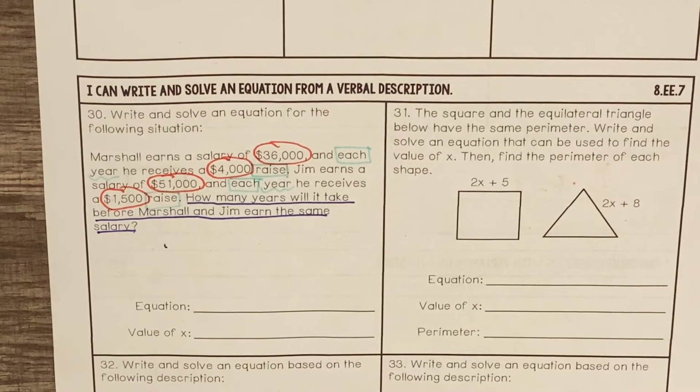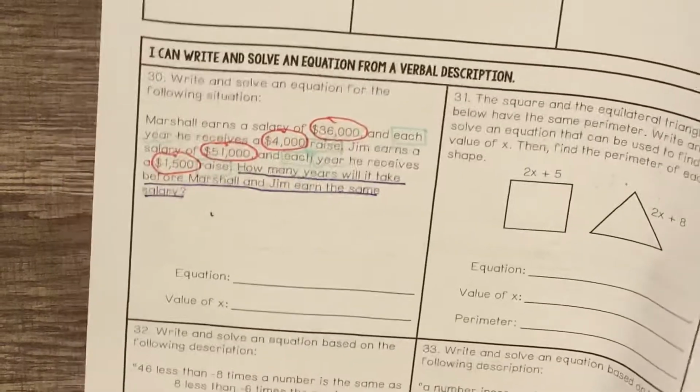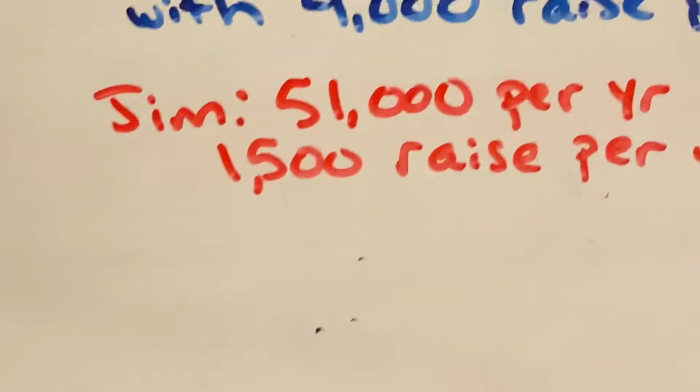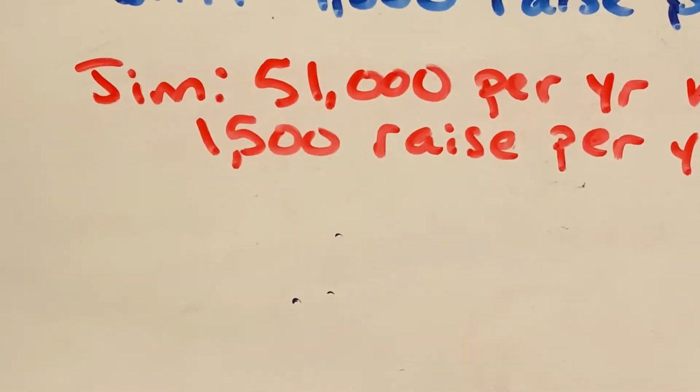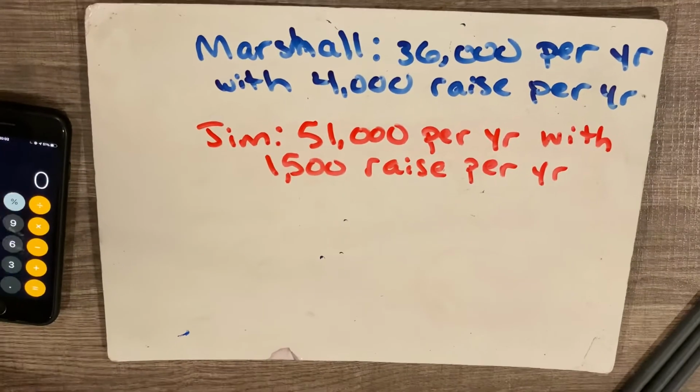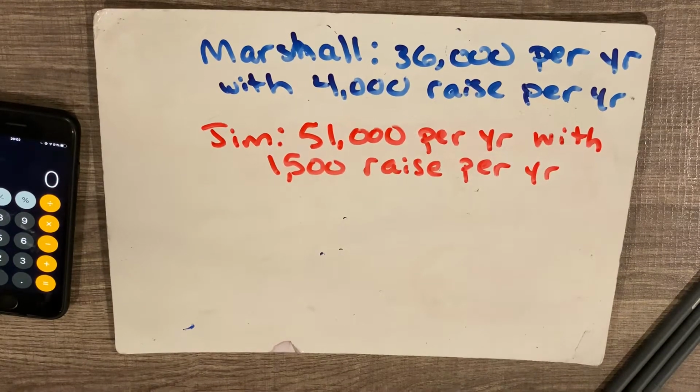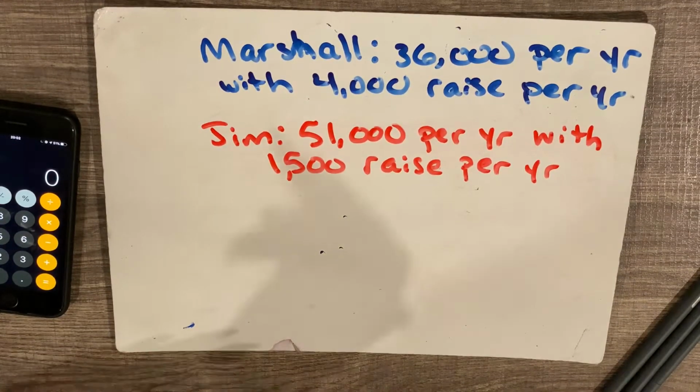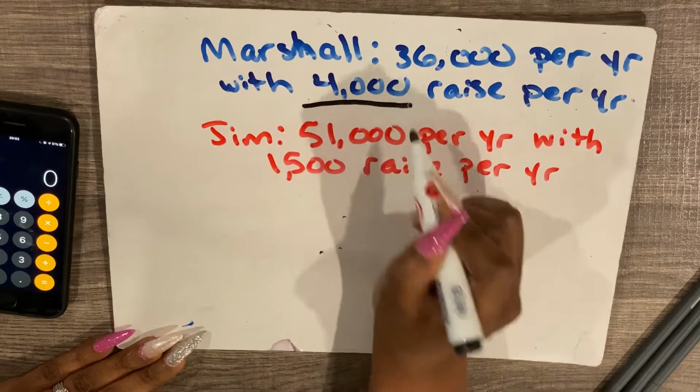So for Marshall, what is Marshall's constant rate of change? So I'm going to move this and we're going to look at this. So every year, Marshall's constant rate of change is 4,000. This is his constant rate of change.